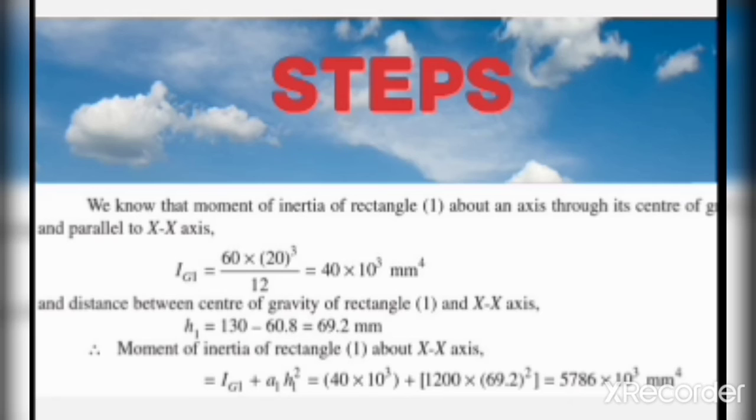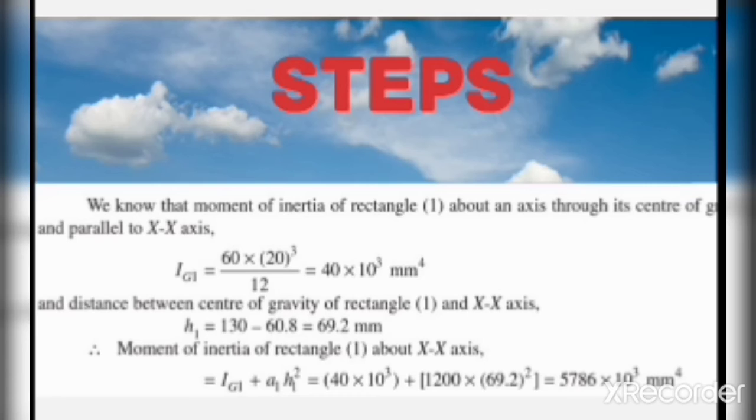Let us look at the picture. We have to find I_XX. So we first take the first rectangle, the top flange. I_g1 equals b d cube by 12, where b equals 60 mm and d equals 20 mm. 60 into 20 cube divided by 12 equals 40 into 10 power 3 mm power 4.